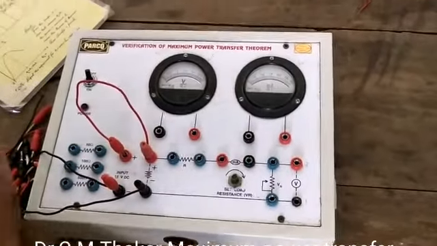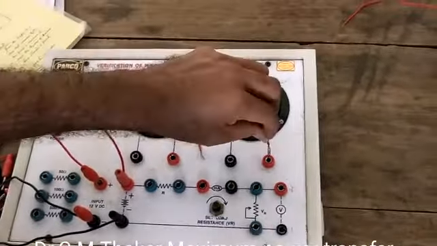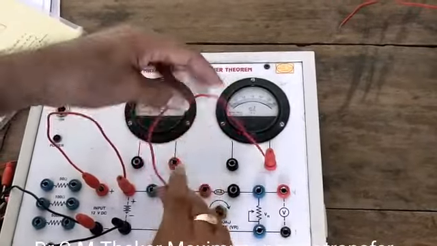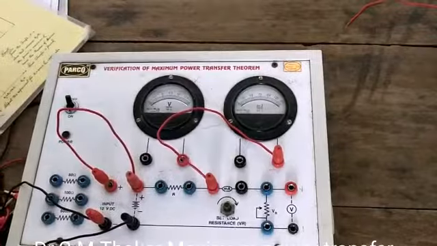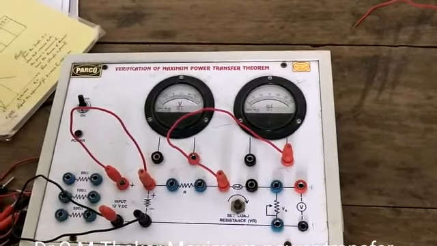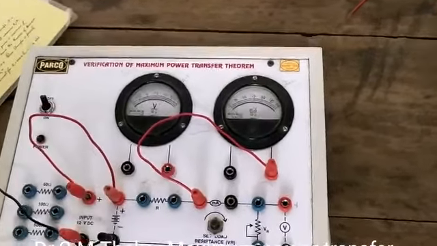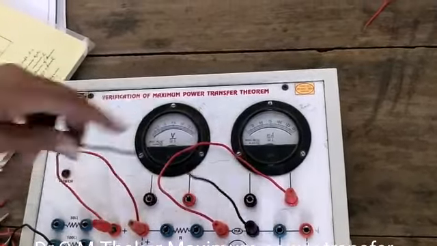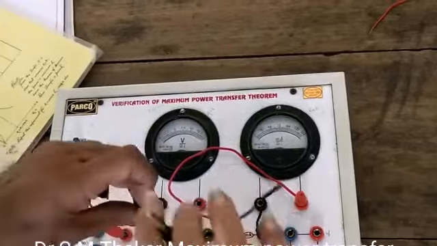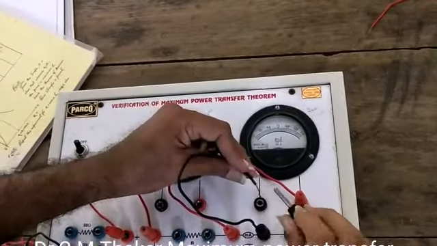Now I would like to connect the current meter, the positive terminal of the current meter, and here is also a positive terminal of the current meter. In the same way, the negative terminal of the current meter, and another negative terminal of the current meter. So the current meter is connected.